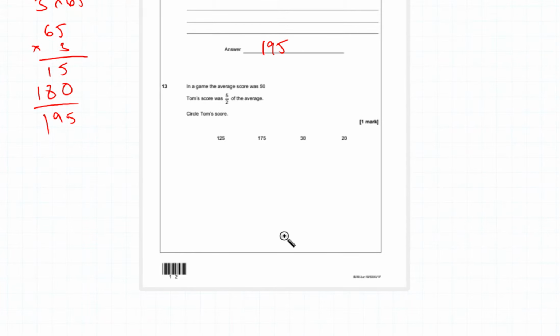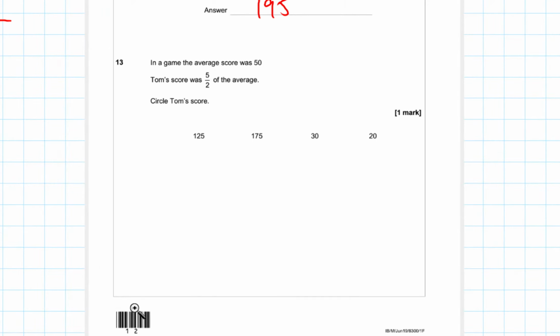Okay, question 13. In a game, the average score was 50 and Tom's score was 5/2 of the average. Calculate Tom's score. So 5/2 is equal to 2.5 as a decimal. If we do 5 divided by 2, it's 2.5. And again, if you're ever struggling with this one, do 5/2. Oh, sorry, my bad.